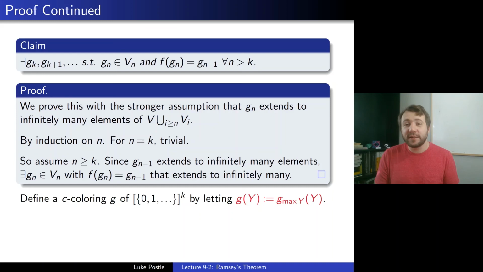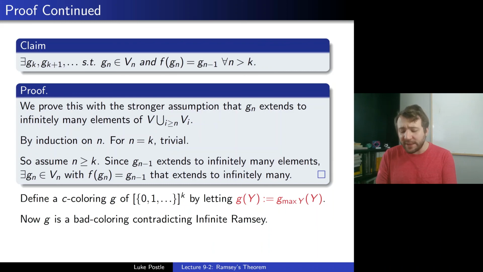So at that point, whenever we discover all of its vertices, we give it a color, and it's going to stay that color forever. So we let g of y be g_{max y} of y, coming from this function, the g_n's. And now the claim is that g is a bad coloring, contradicting infinite Ramsey.